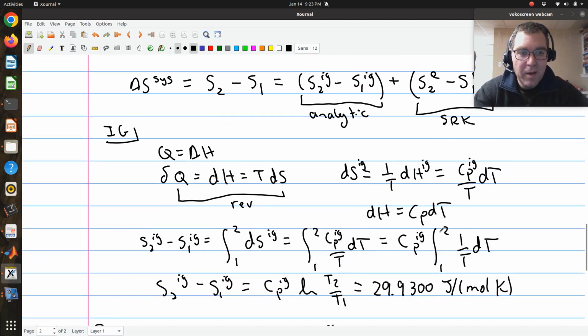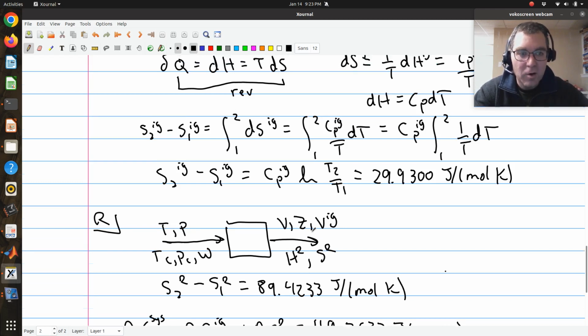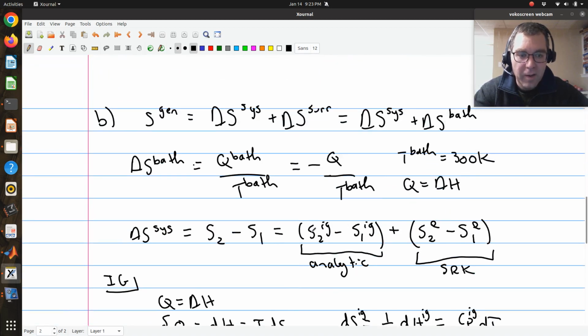When I think about my equation of state, I think of my black box. In goes temperature and pressure, along with my parameters Tc, Pc, and omega. Out pops HR or SR. So I can calculate essentially the absolute value of these quantities. And then for the ideal gas term, I like ideal gases because we have analytic equations, so this difference we can calculate analytically.